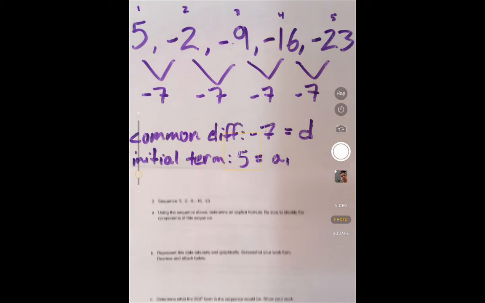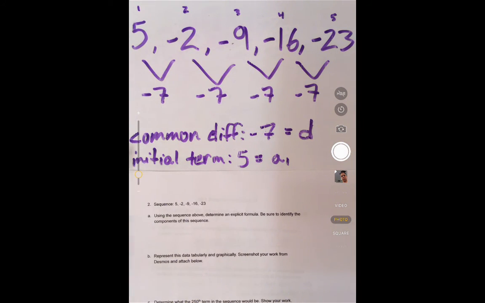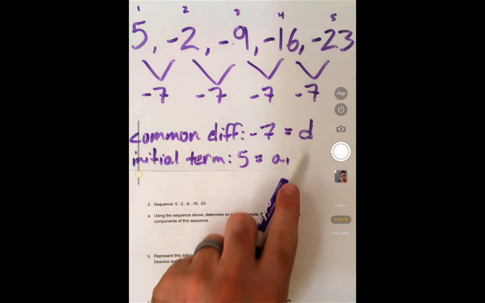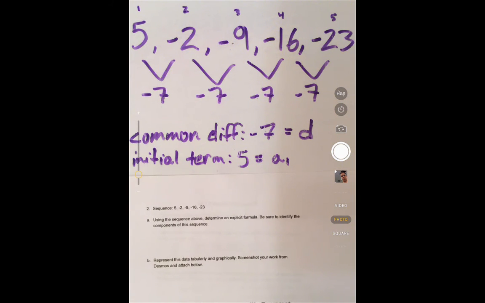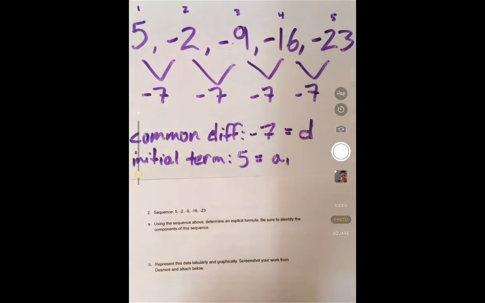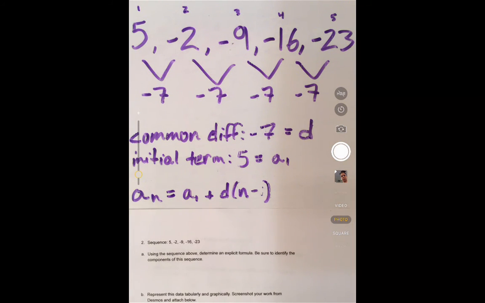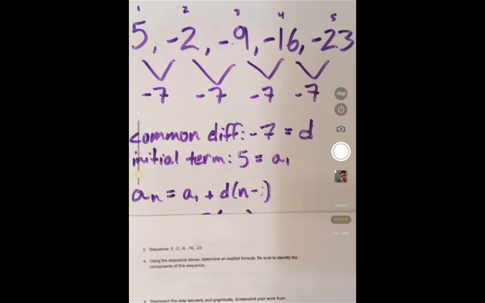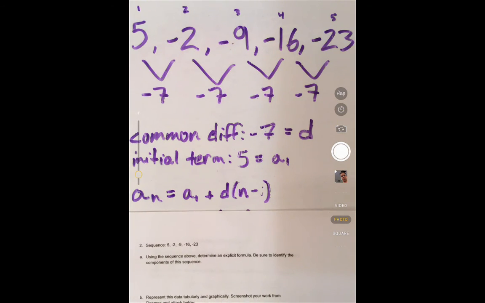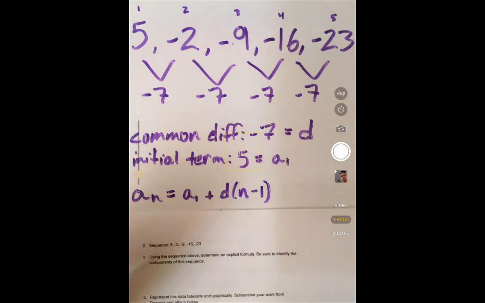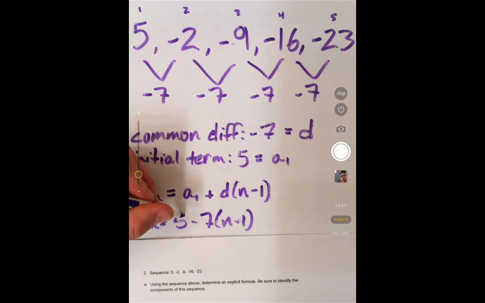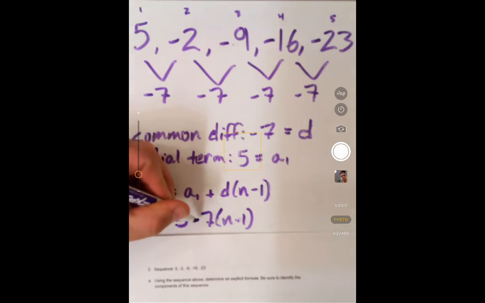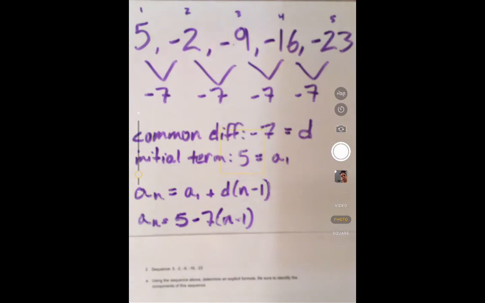So identifying the key parts here, the common difference, again, is negative 7, and that's going to be represented by D in our explicit formula. The initial term is 5, and that will be represented by A sub 1. Again, that's just our initial term. When we substitute into the explicit formula, A sub n is equal to A sub 1 plus the difference times n minus 1, the formula that results is A sub n is equal to 5 minus 7 times n minus 1.